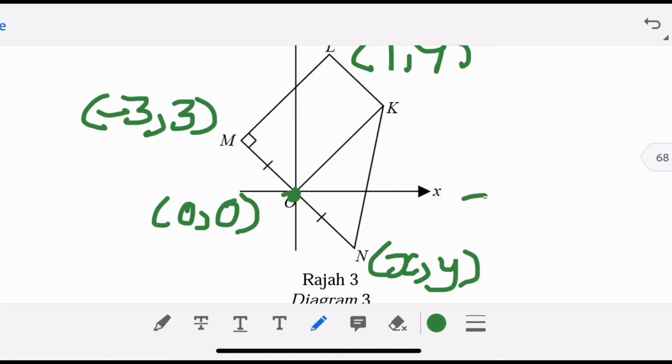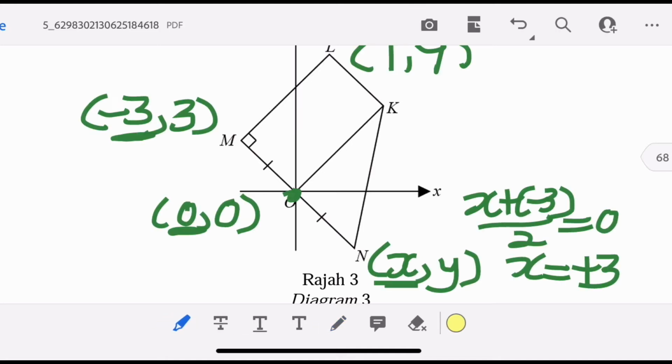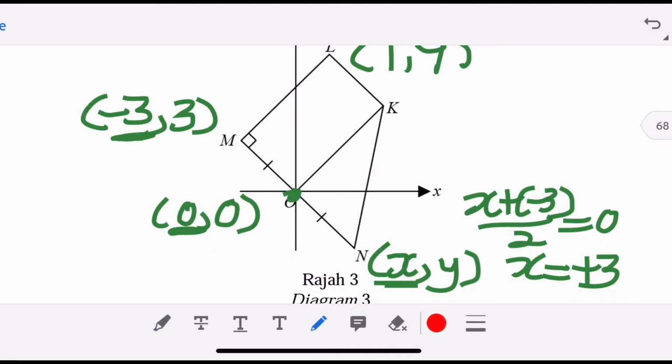So n plus negative 3 divided by 2 should be equal to the midpoint 0. We use the midpoint, x1 plus x2 divided by 2 equal to 0. So we got x equal to negative 3. When you bring over, it becomes positive 3. Logically, it's 3, right? Because it's to the right.